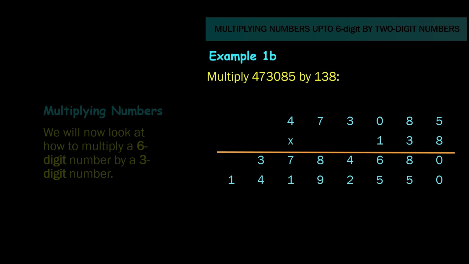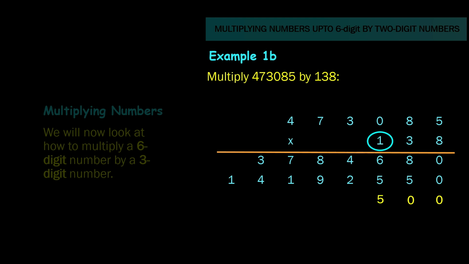We now need to multiply our 6-digit number by the 1. This is actually 100, so we need to add 2 zeros in the units and tens in the next row down in our calculations, as shown. We can now progress as we did previously. So 1 times 5 is 5.